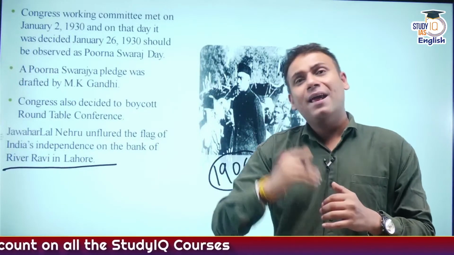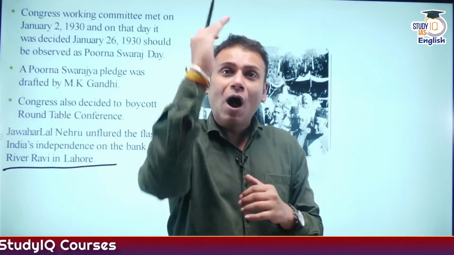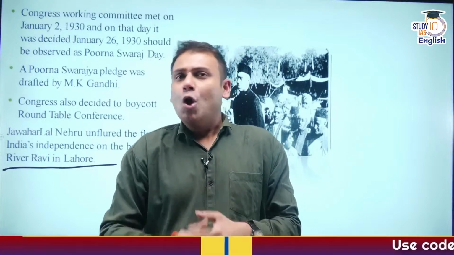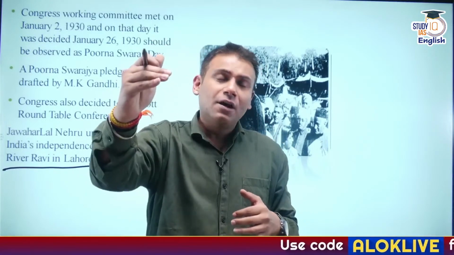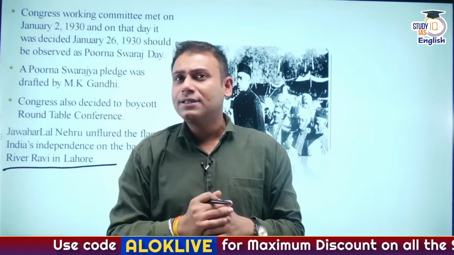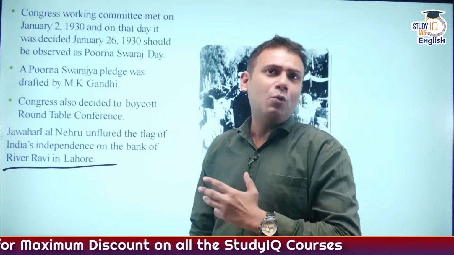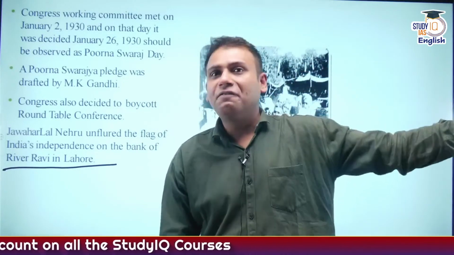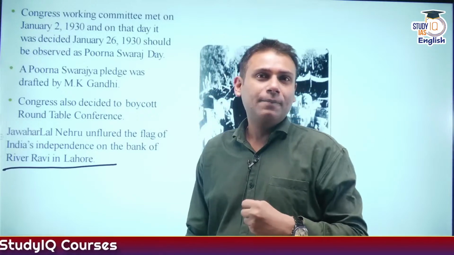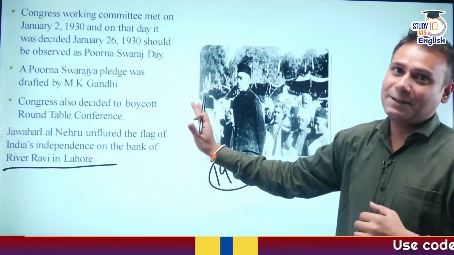Did Britishers play a major role in the form of round table conferences? Were Indians sitting with the Britishers for the first time as equals in London as part of the round table conference? Why did Mahatma Gandhi participate only in the second round table conference and boycott the first and third? Let's explore these facts.